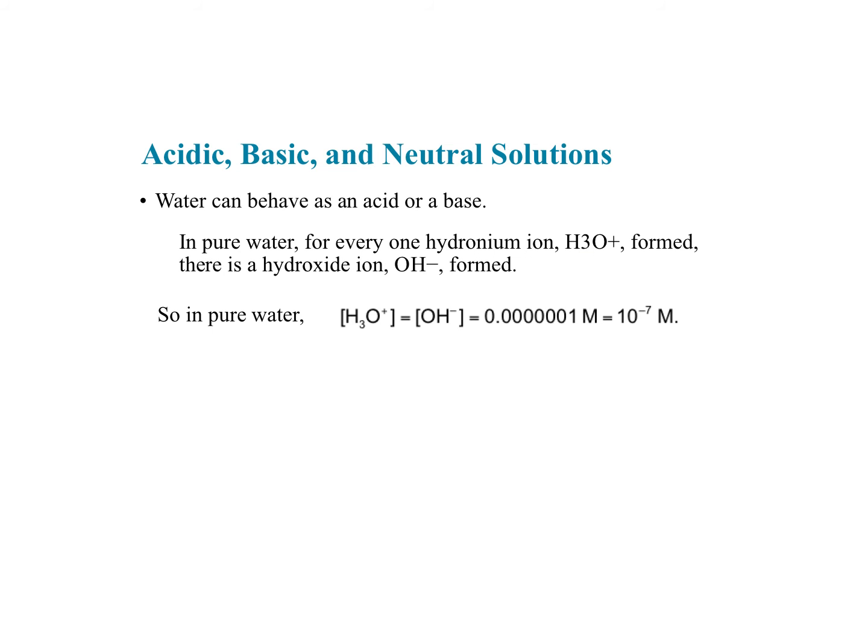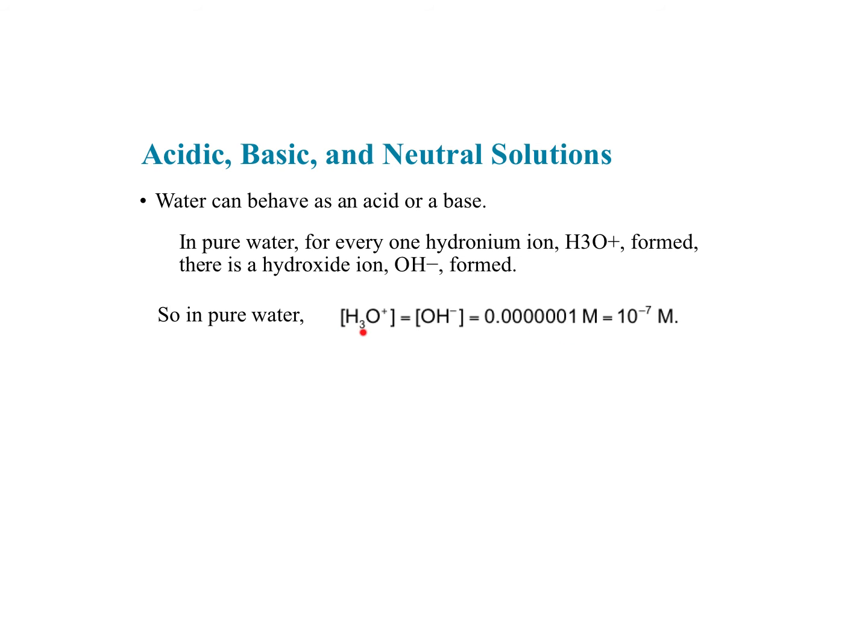Now, experiments have determined that when this happens, the concentration of each of these is very low. It's about 0.000001 moles per liter. Remember that capital M stands for molarity, which is moles per liter. And so this is the number of moles of ions you get in every liter of pure water.